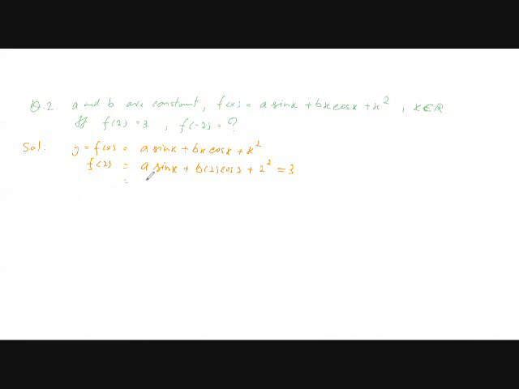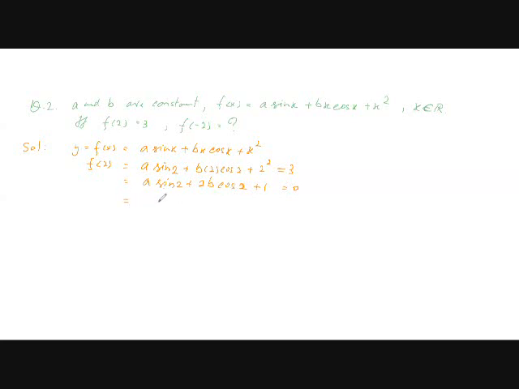So then we have a sine 2 plus 2b cosine 2. So 4 minus 3 becomes 1, right? Equal to 0.